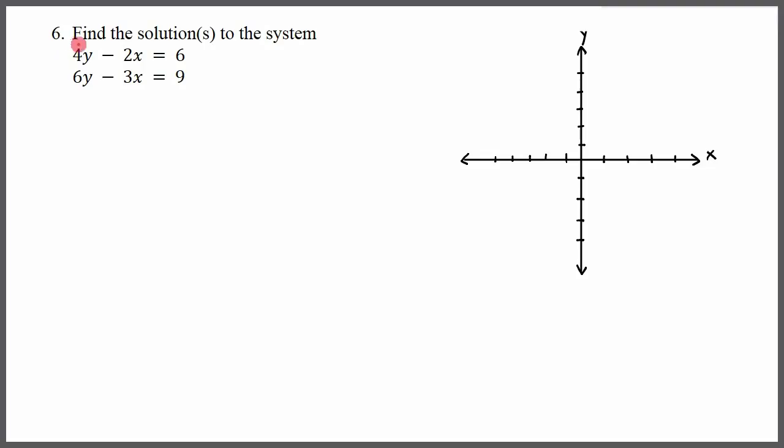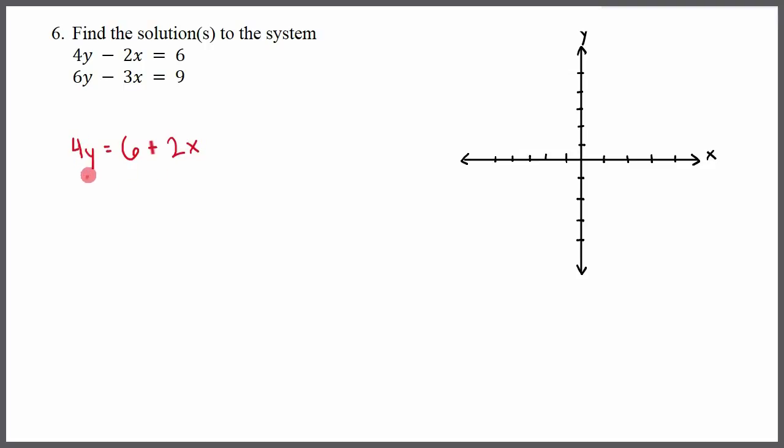Okay, problem number 6 once again wants us to find the solution to the system of equations 4y minus 2x equals 6 and 6y minus 3x equals 9. We can see that these are not in slope-intercept form, so right away I'm going to convert them. Starting from the first equation, I get 4y equals 6 plus 2x.